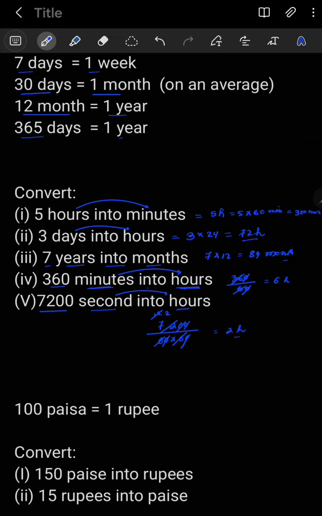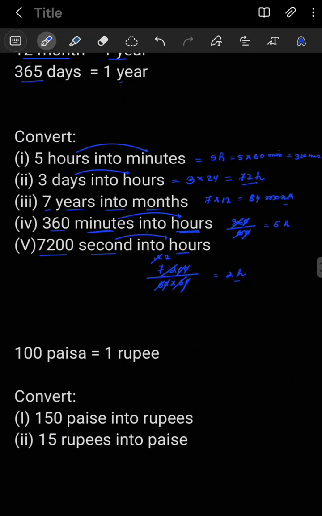So 7200 seconds is equal to 2 hours. Okay, so like that you have to convert. If your unit is small and you are converting into a big unit, that time you have to divide, and if you convert a big unit into a small unit, that time you have to multiply.